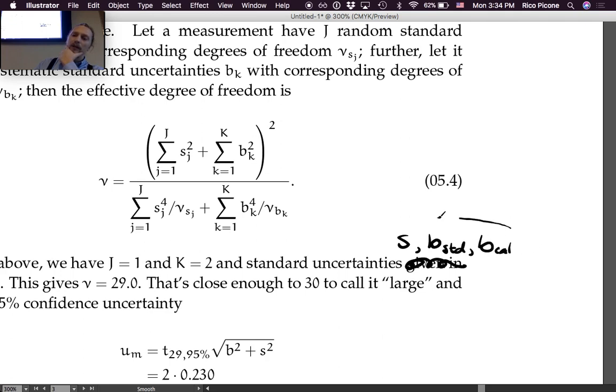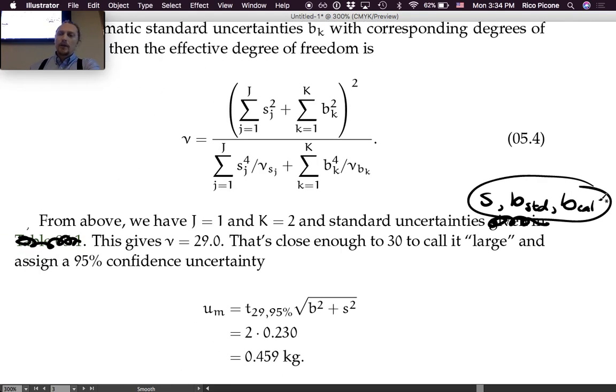Right? Those were our three standard uncertainties. So there are two B's, which makes k equal to 2, and then there's one S, which makes j equal to 1. And if you plug those in here, this gives nu equals 29.